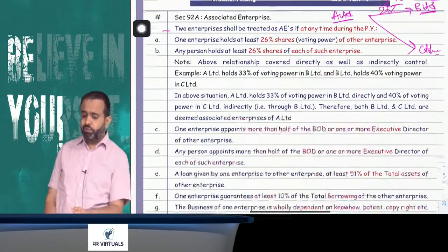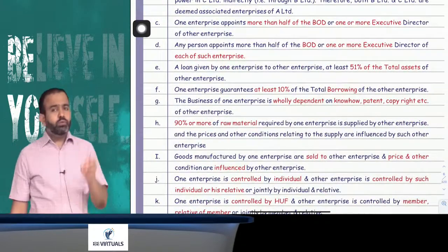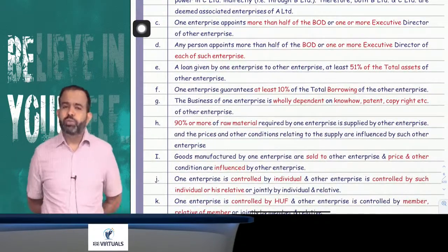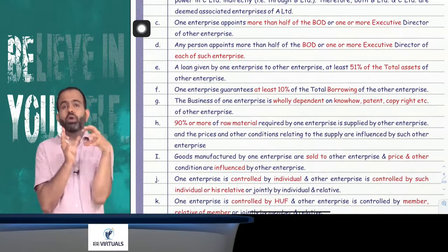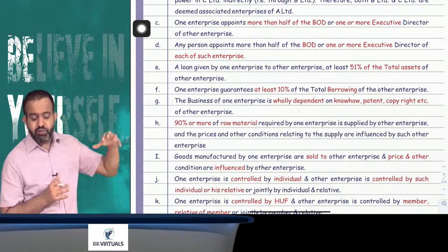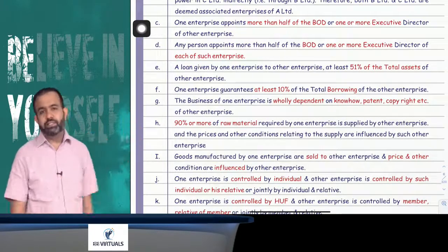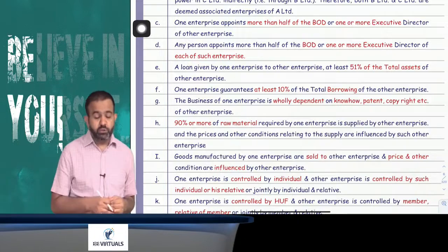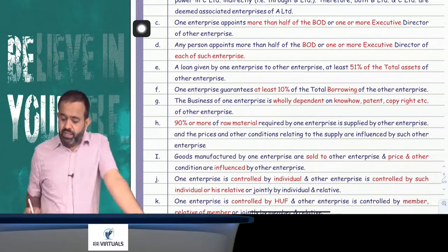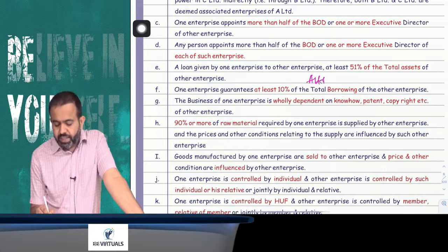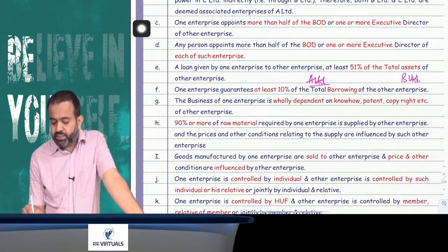Yes. Now the next part, all people just pay attention. Suppose one enterprise gives a loan or advances to another enterprise, and that loan amount is 51% or more of the total assets of the other enterprise, then both enterprises will be treated as associate enterprises. I can take one example. Suppose there is an enterprise named A Limited, and another enterprise named B Limited.